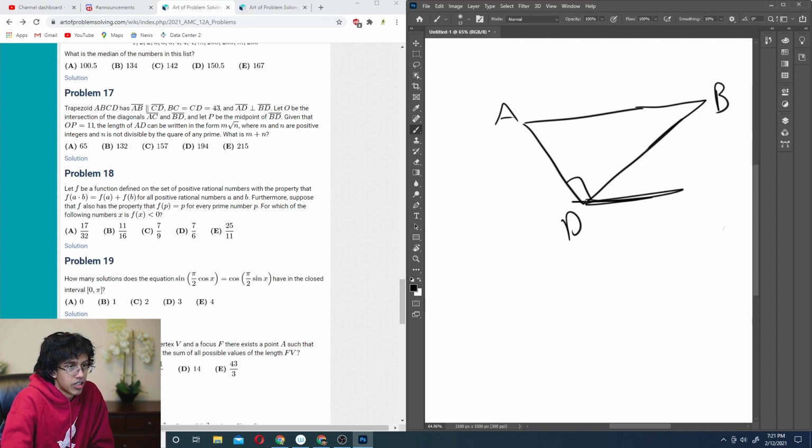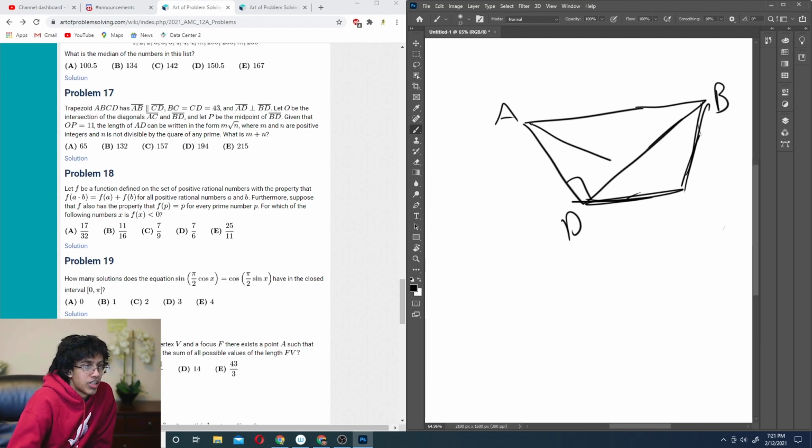So this is an isosceles triangle. I remember this was a pretty nasty problem. Okay, so AC intersects at O, and P is the midpoint of BD. And then this is 11, and we're trying to find this length over here.